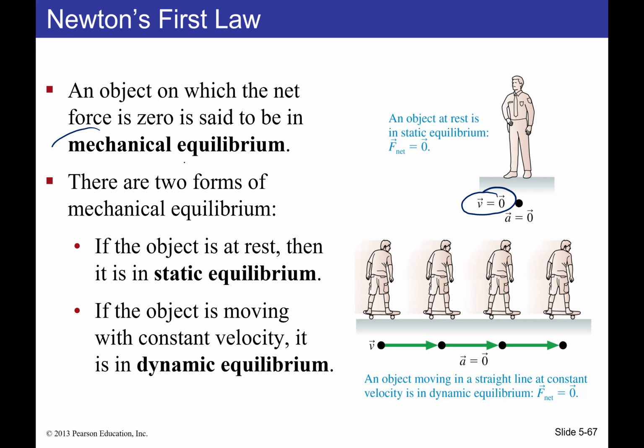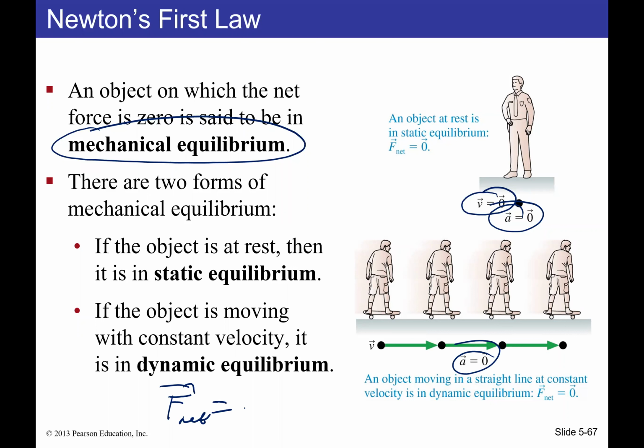We call it mechanical equilibrium. That means if an object is at rest, or moving at constant velocity, that's because the forces cancel each other. What is the consequence? There is no acceleration. If the net force is zero and it equals mass times acceleration, then acceleration is also zero. So equilibrium means no acceleration.